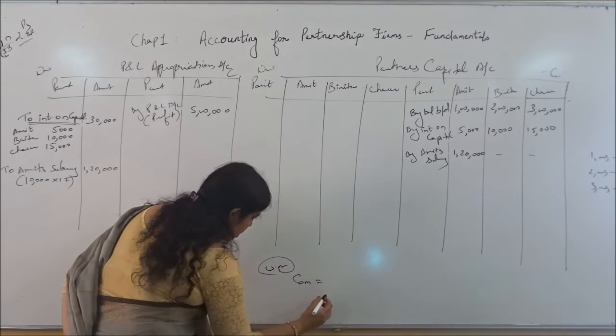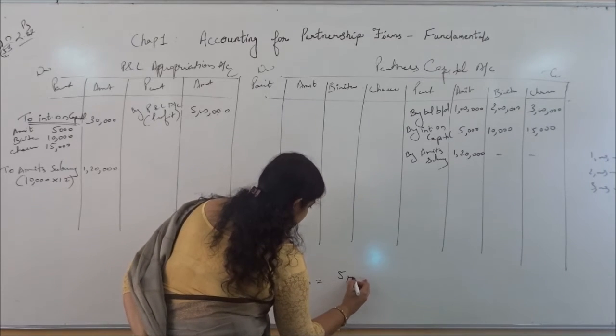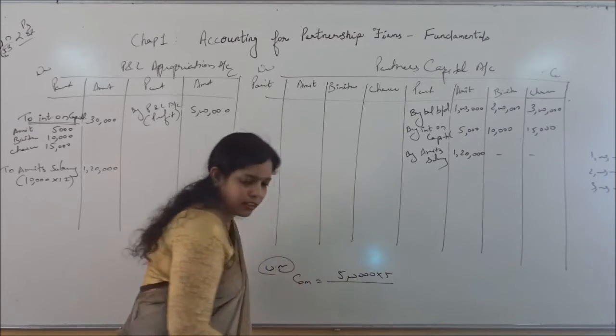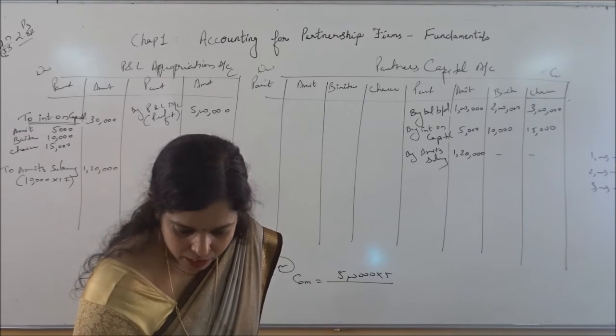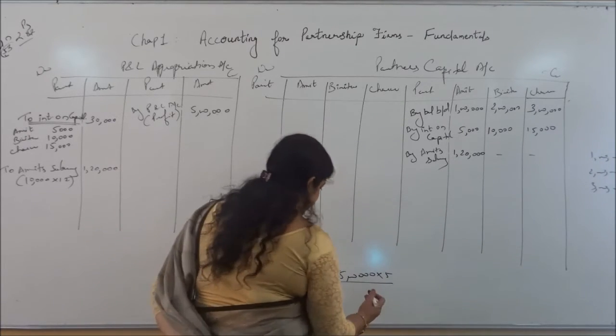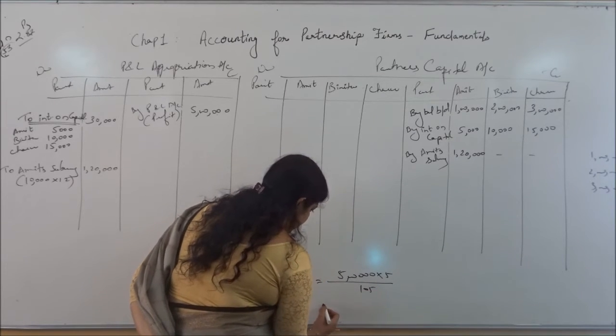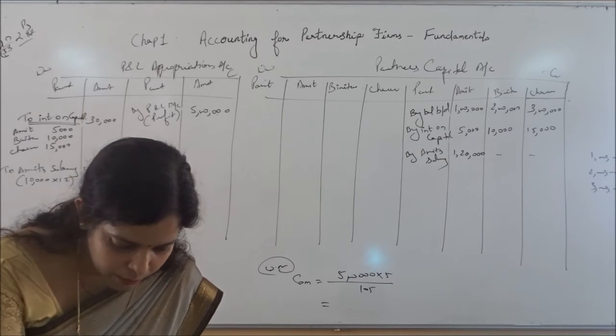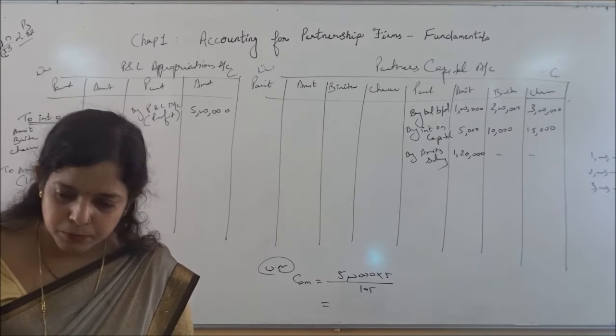How much commission will it be? 5 lakh multiplied by 5 divided by 105, because they are saying after deduction of the commission. Do the calculation and find out how much commission is coming.